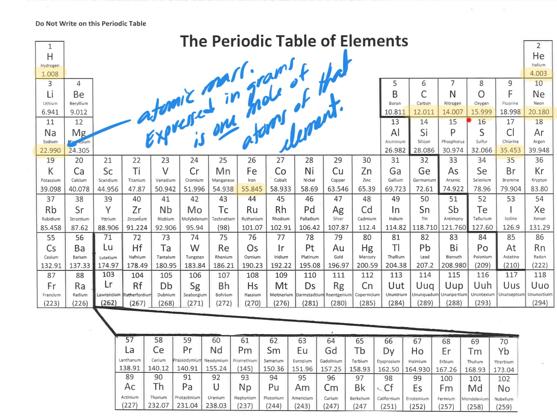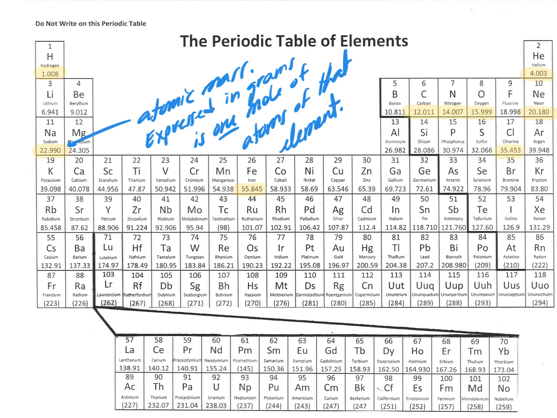Here's oxygen, by the way. If I rounded this to the tenths place, that would be 16.0. Nitrogen would be 14.0. Carbon would be 12.0. On the worksheet that you're going to be working on, you're going to be finding the molar masses for the elements by looking at the periodic table.